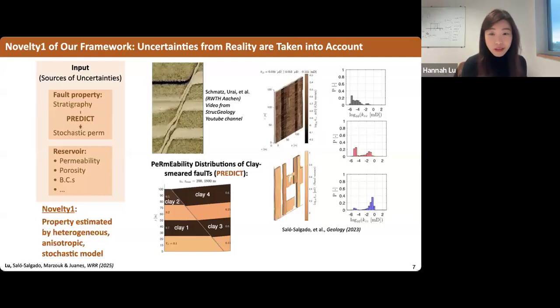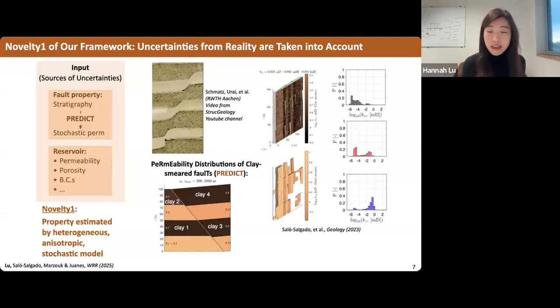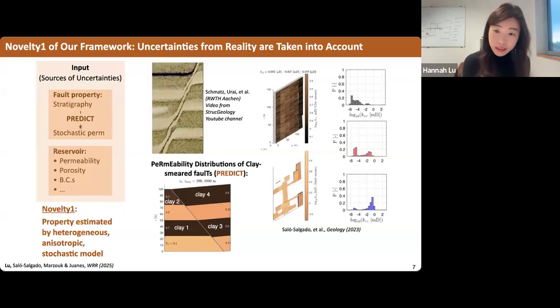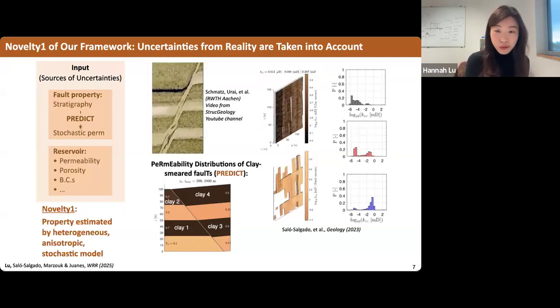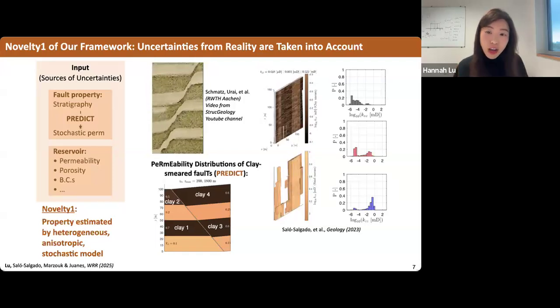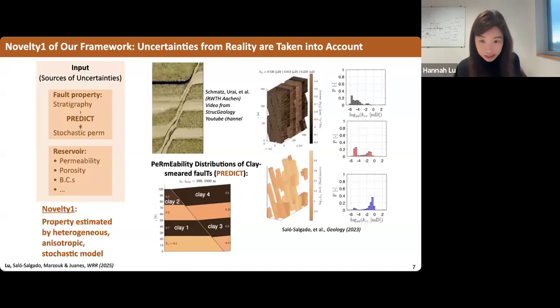So this is from previous work in my postdoc group with Ruben Juanes and Luis Salo. We replaced this previous one-value rough estimate with a heterogeneous, anisotropic, and stochastic model for the fault probability.